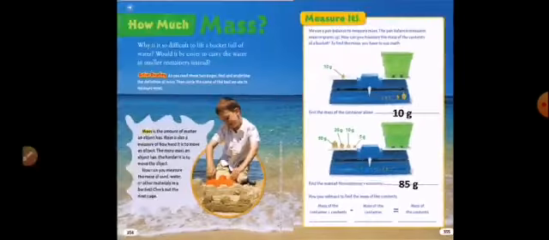So let's do it using math. The mass of the container plus the things we put inside is 85 grams. Minus the mass of the container alone when it was empty, the 10 grams. So the mass of only the things we put in will be 75 grams.